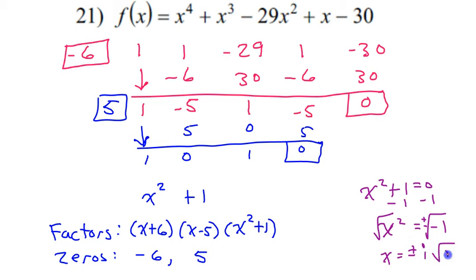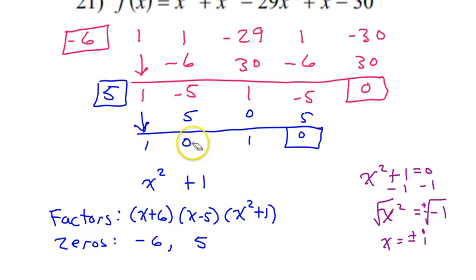I'm tempted to put i square root 1, but I know that the square root of 1 is 1, and I don't need to write down a 1. So I have plus or minus i. So those are my two additional zeros. And I could either write plus or minus i, or I could write these two separately, i and negative i. Okay, so this is the answer.